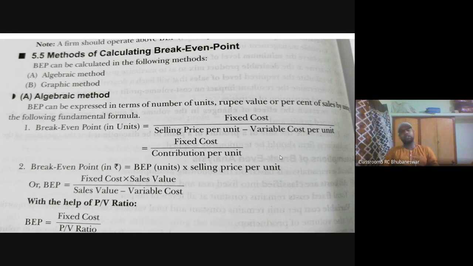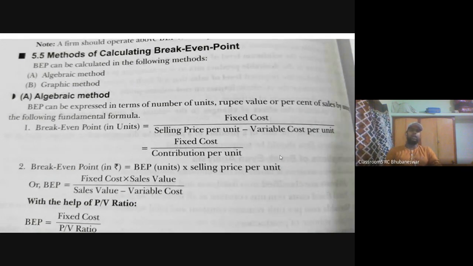So this is known as the no profit, no loss point. It is the point where the revenue equates with the cost. So cost and revenue are both equal here. So the company is not earning profit, nor is it suffering losses.